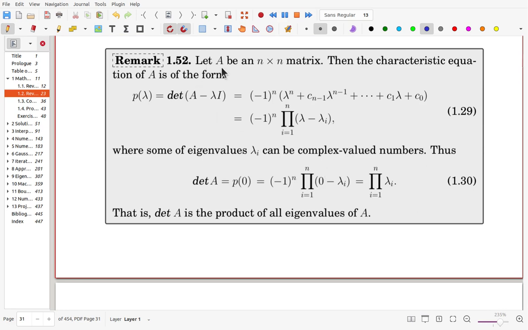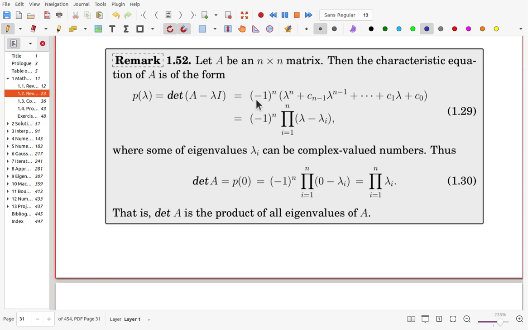Now for an n by n matrix, the characteristic polynomial can be written in this way. p(lambda) is the determinant of A minus lambda I. That is minus 1 to the n, a polynomial of degree n, lambda to the n, and some coefficients, and lambda to the n minus 1, and so on.